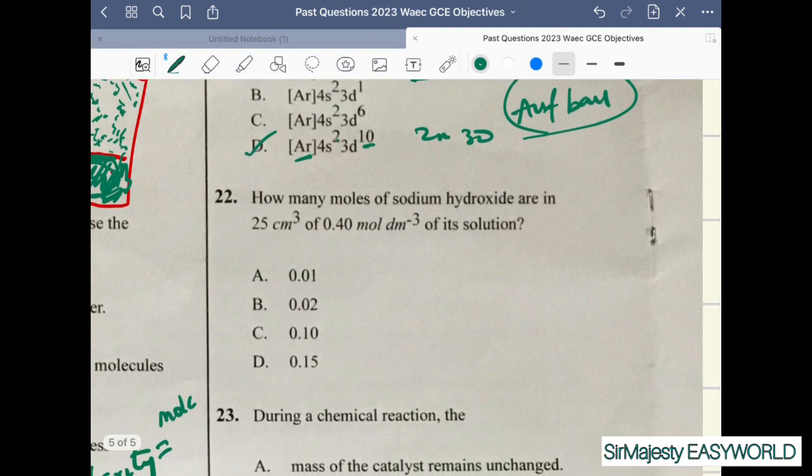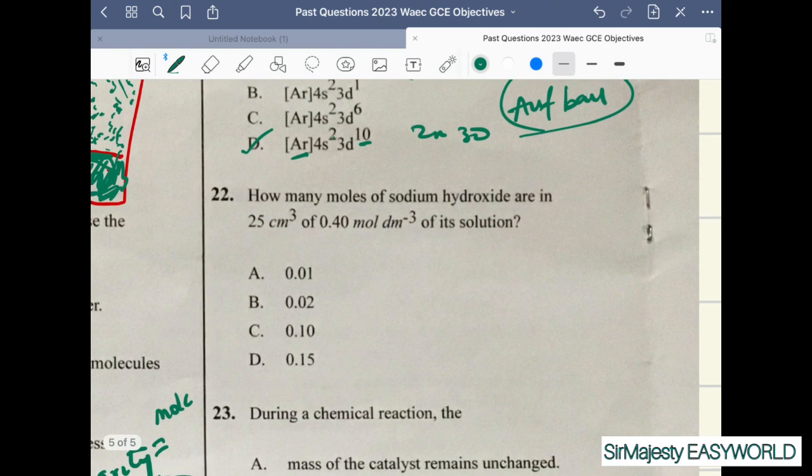Okay, now number 22 says, how many moles of sodium hydroxide are in 25 cm3 of 0.4 mol/dm3 solution? This is a very simple thing to do. This was given to us in mole per dm3, so one can just say 1000 divided by 25, and then whatever you get is what you divide 0.4 by.